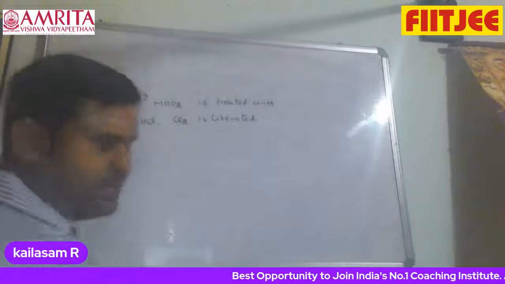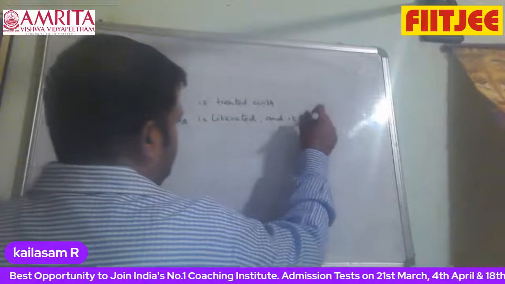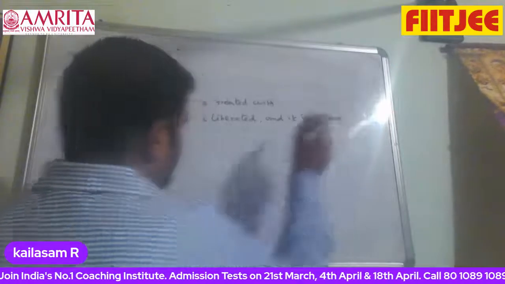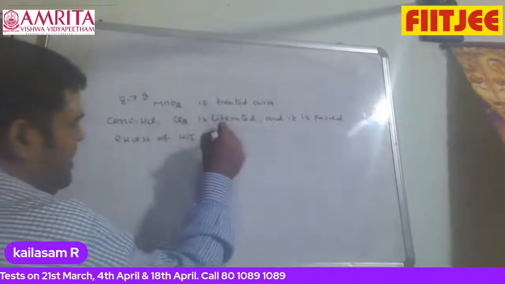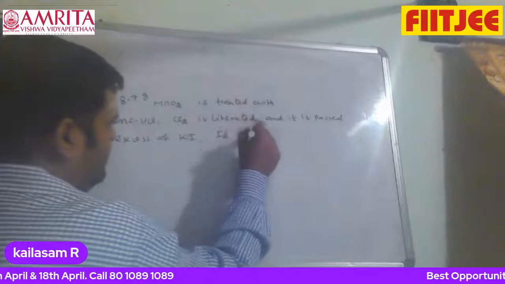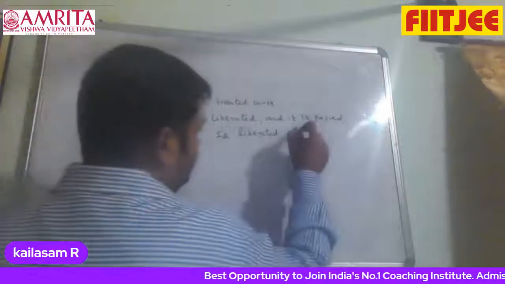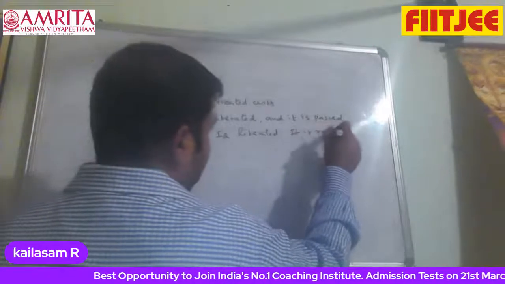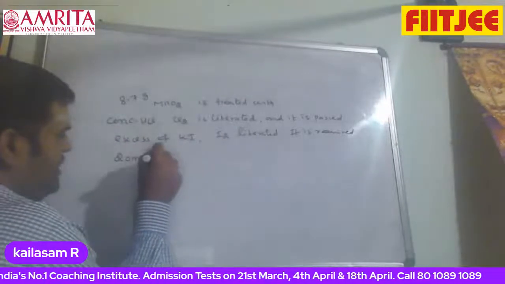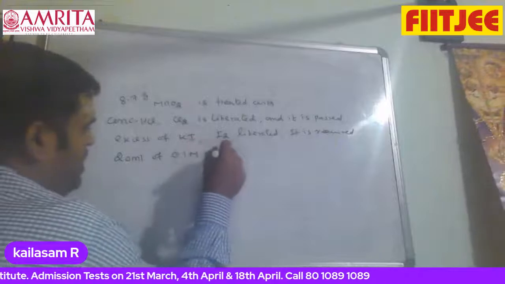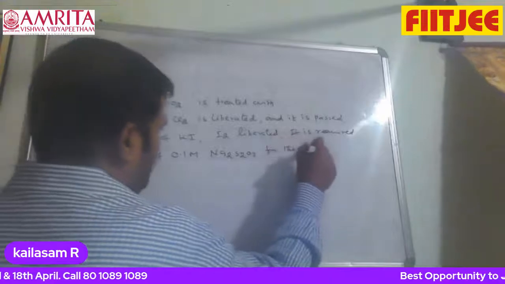Cl2 is liberated, and it is passed into excess of KI. I2 is liberated, and it requires 20 ml of 0.1 molar Na2S2O3 for the endpoint.